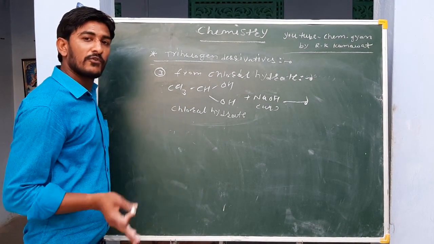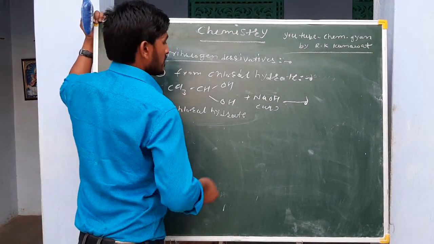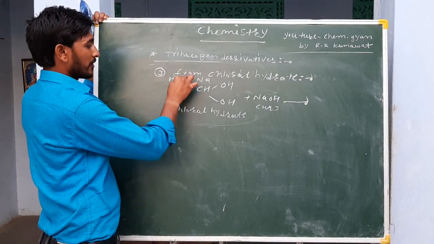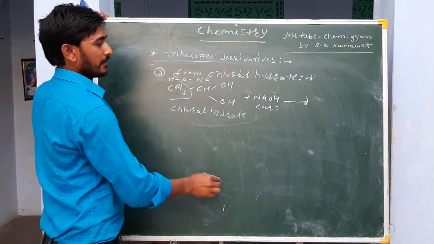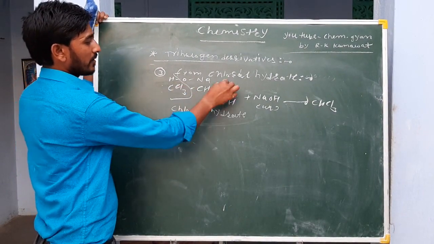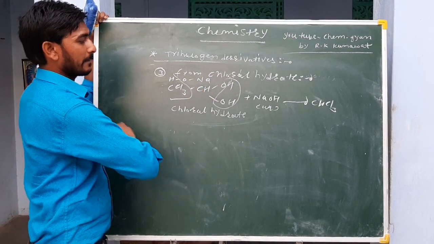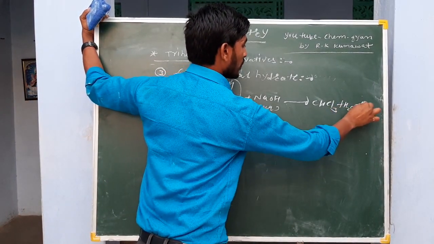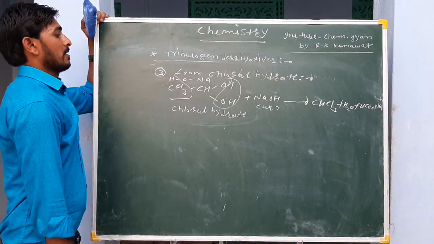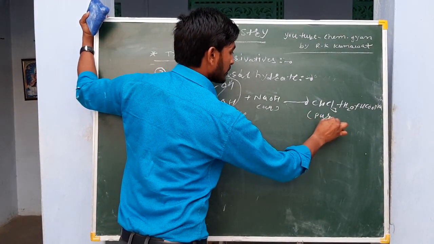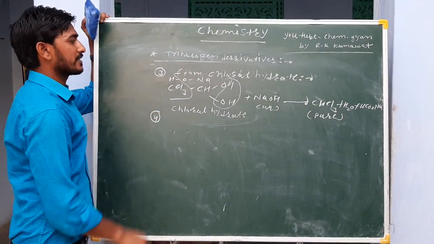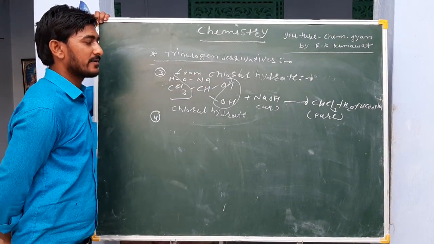Chloroform is formed in pure form. NaOH means sodium hydroxide, and the bond dissociates in this way. CHCl3, chloroform, is formed, and the other products, H2O and HCOONa, sodium formate, are also removed in this reaction. Chloroform is formed in pure form in this reaction.